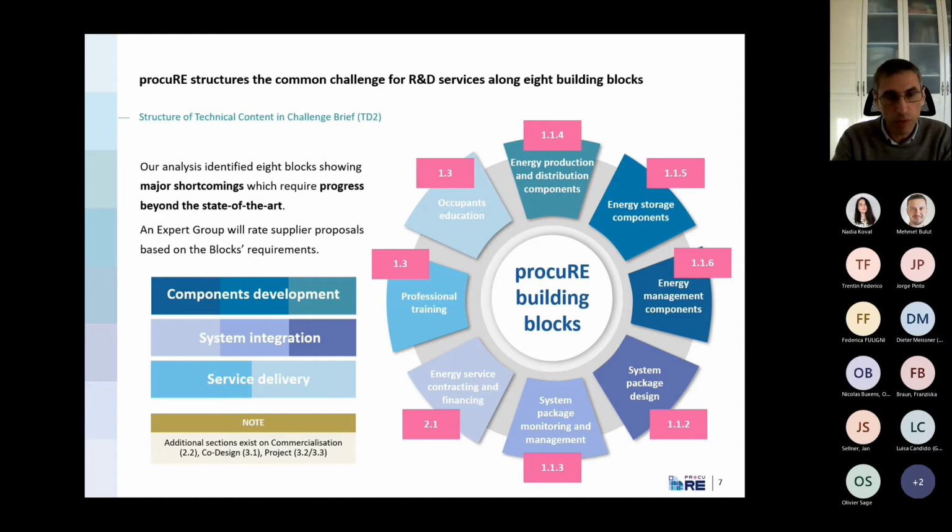Therefore, on the one hand, we want to look into the training of the professionals, meaning the facility managers mainly, that are going to take over the operation and the daily maintenance of the systems, and we want to also educate the occupants, people that are spending their time in the buildings, in order for them to be aware of what they have around themselves, and how they should behave in order to have an effective operation of the building itself. Okay.